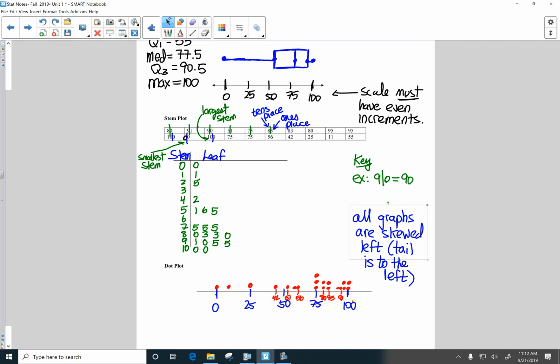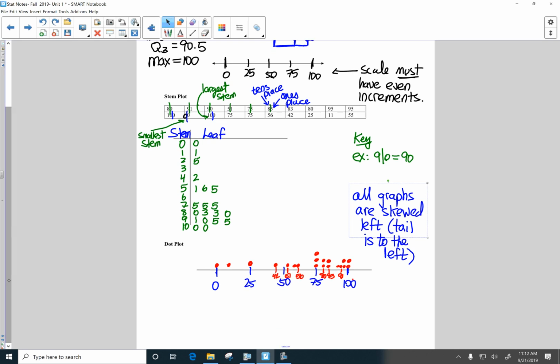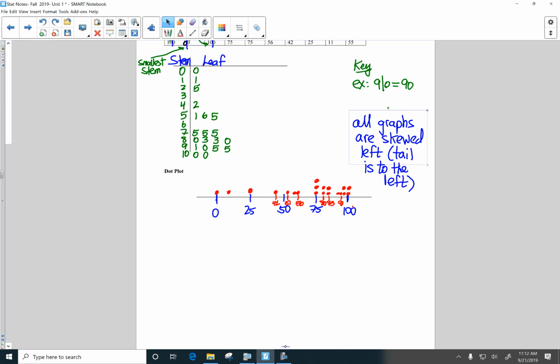So we look for 4 things when we create a graph. All right? 4 really important things. And you're not going to like this, but it's life. There's lots of things you're not going to like.